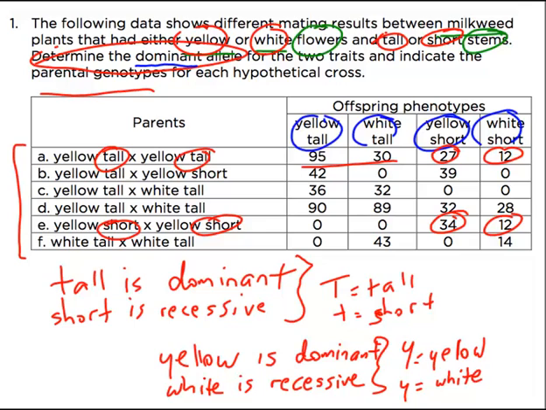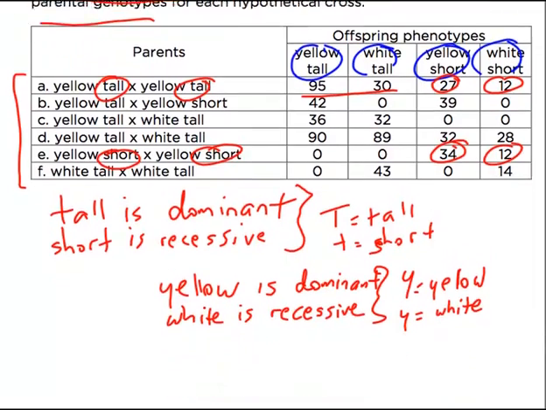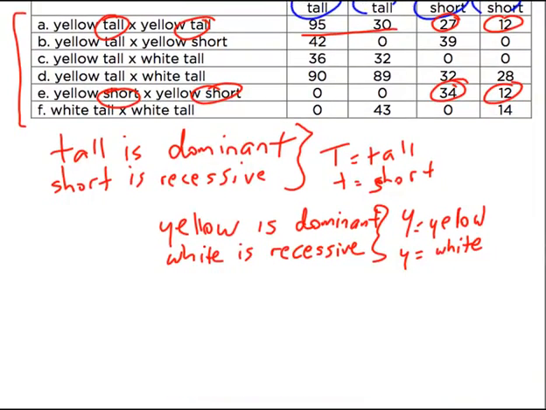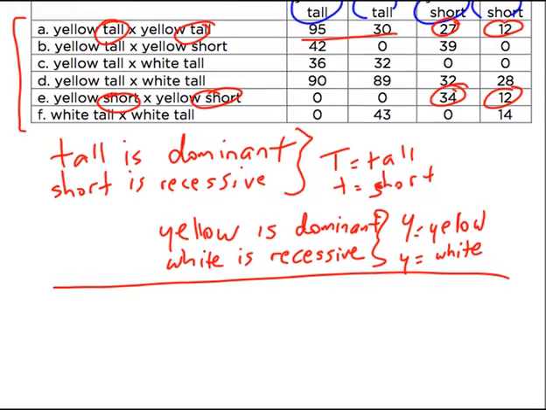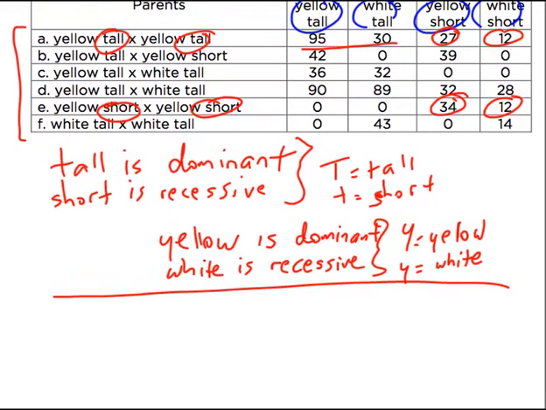So now what we have to do is indicate the parental genotypes for each of these hypothetical crosses. So to do that, we need to go down a bit and have some room. We can figure out the genotype by looking at the results. So keep that in there so that we can see the classes. It's very pivotal and important that we understand which one is dominant and which is recessive before we do that.